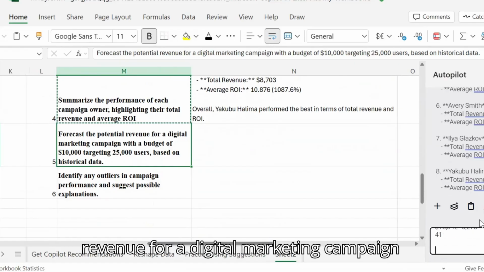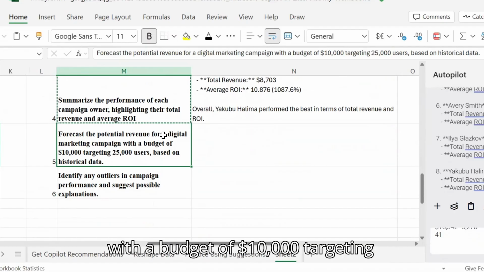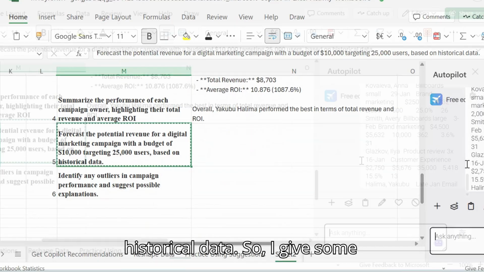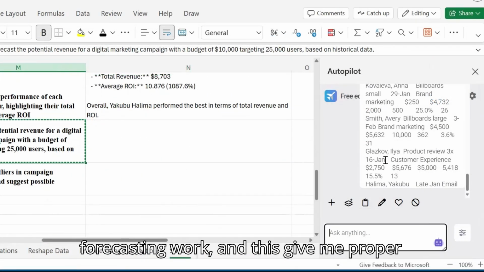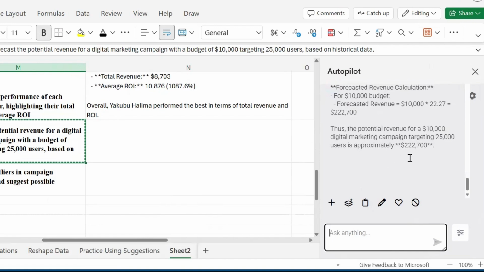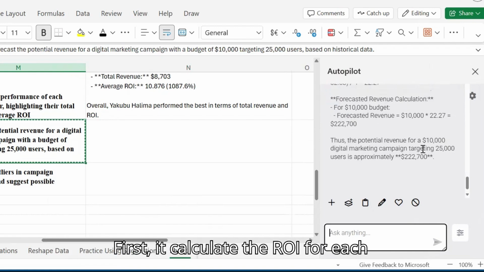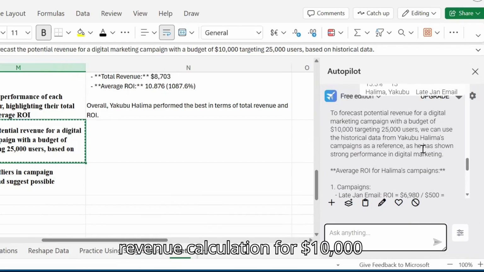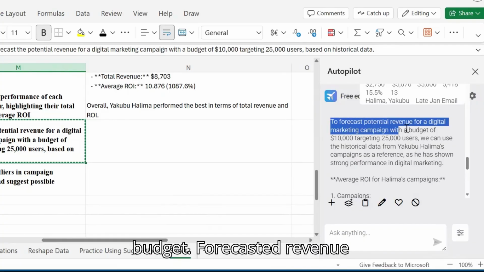Forecast the potential revenue for a digital marketing campaign with a budget of $10,000 targeting 25,000 users, based on historical data. So, I gave some forecasting work, and this gave me a proper calculation of how it forecasts the value. First, it calculates the ROI for each campaign and averages it for the forecasted revenue calculation for a $10,000 budget.